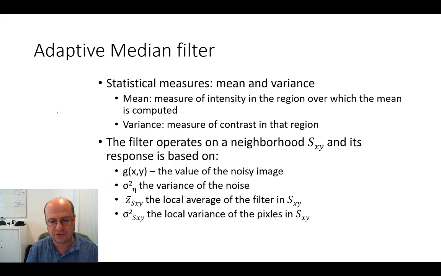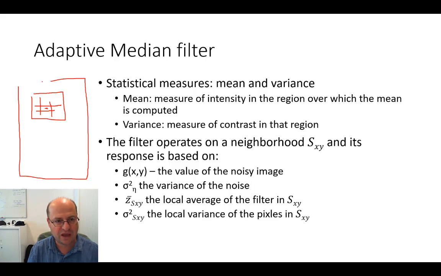But we can also evaluate the difference between the statistics around the neighborhood of a point and the statistics of the whole image. That's one adaptive method. That's the adaptive median filter.